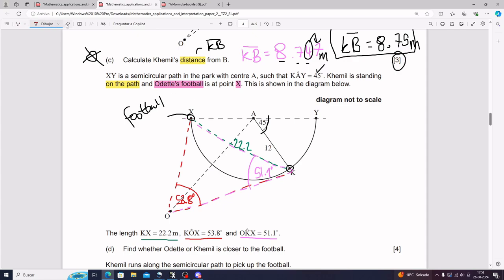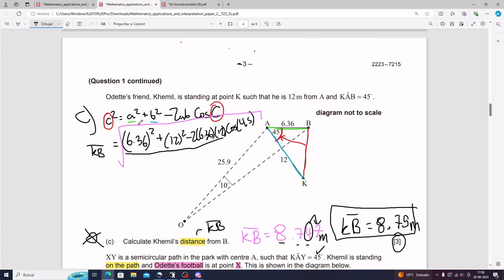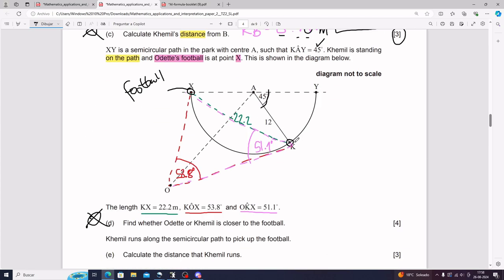So for part D, we need to find whether Odette or Khemil is closer to the football. So let's recall. For part C, we know that Khemil is standing at point K. So at point K, we have our good old friend Khemil.